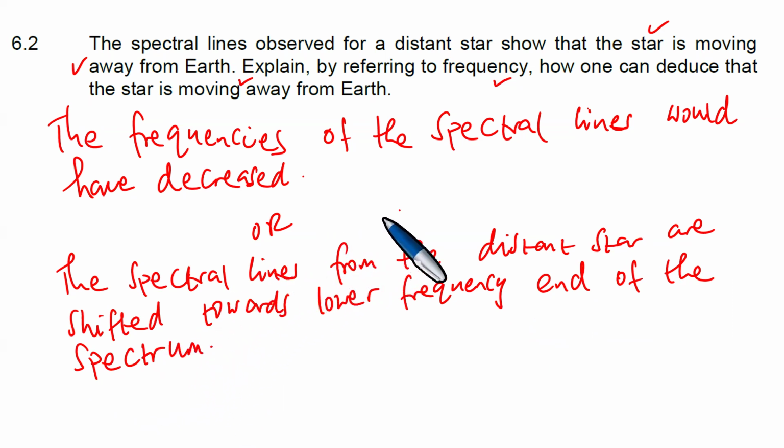So the frequencies of the spectral lines would have decreased, or the spectral lines from the distant star are shifted towards lower frequency end of the spectrum.